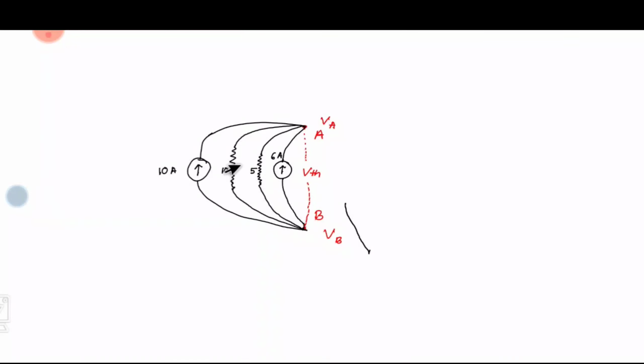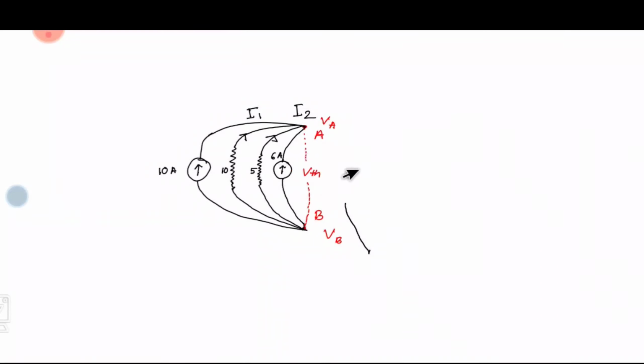Suppose we assume the direction of the current in this 10 ohm branch is in this way, and also in this 5 ohm branch the current is in this way. Suppose the current in the 10 ohm resistance is I1 and for the 5 ohm resistance the current is I2.